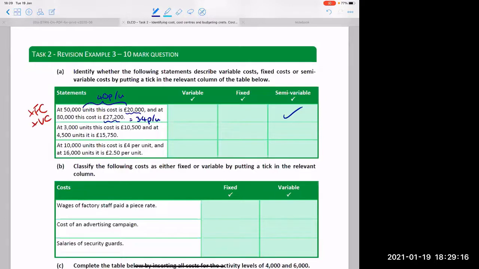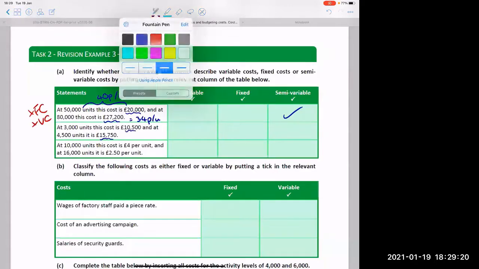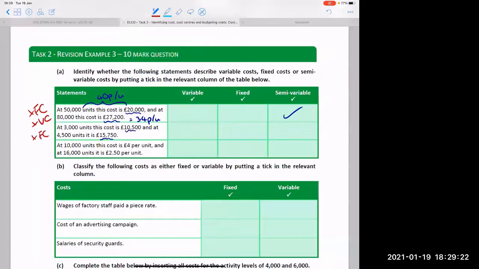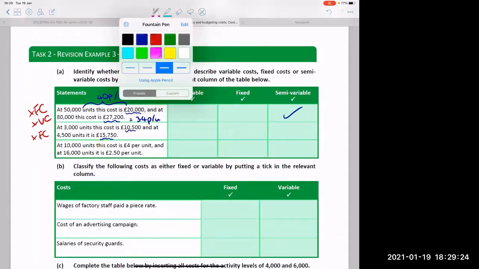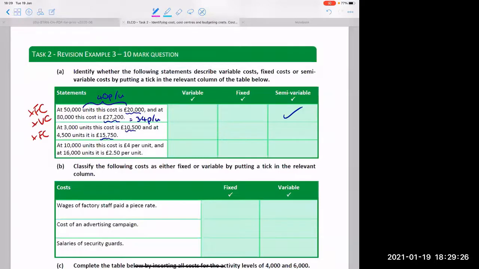Next example, I can straight away see that my total costs are moving, so it's not going to be a fixed cost. £10,500 divided by 3,000 units gives me £3.50 per unit.